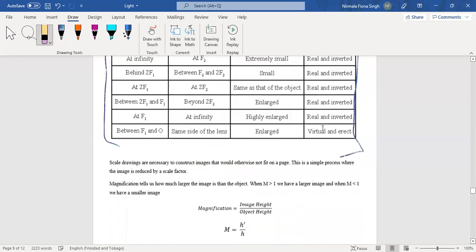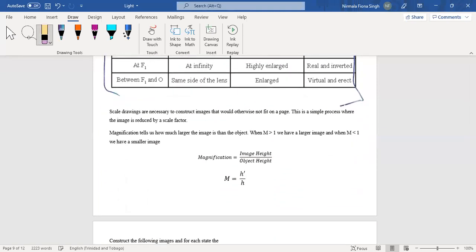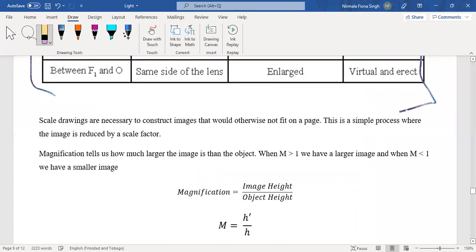Now we're going to go on to the scale drawing part. Scale drawings are necessary to construct images that would otherwise not fit on a page. We have to draw this on a page. Sometimes you have to draw it on your exam paper. If they give you readings of more than 2 centimeters, it is not going to fit on your graph page or on your notebook page or your exam paper.